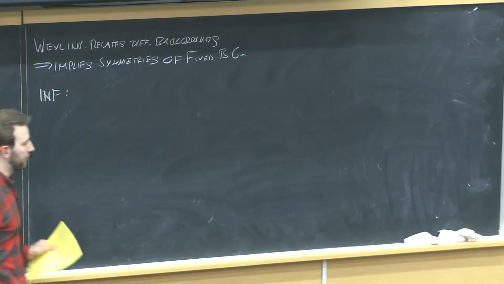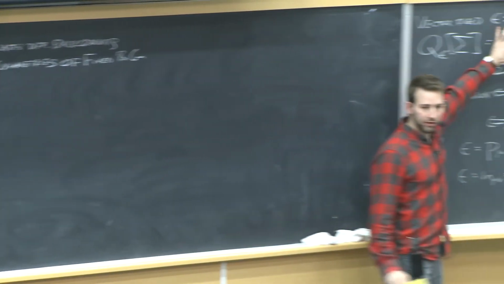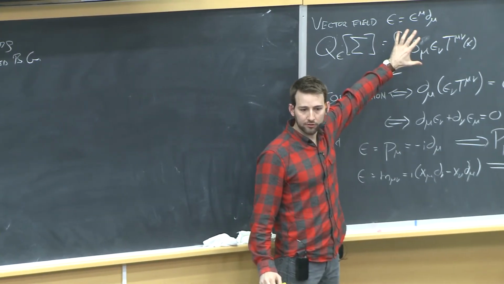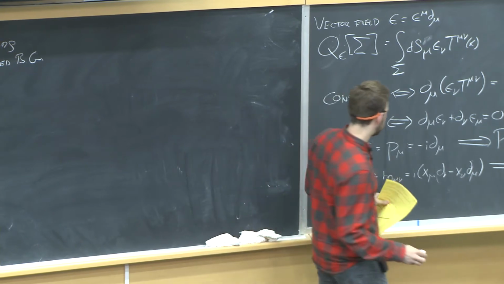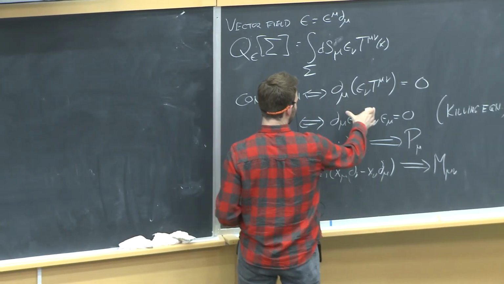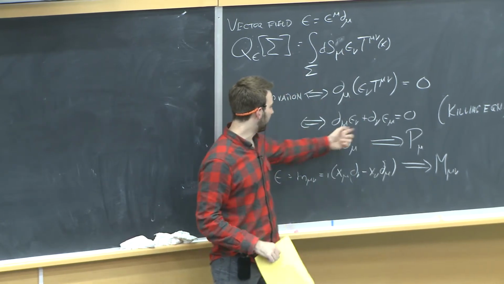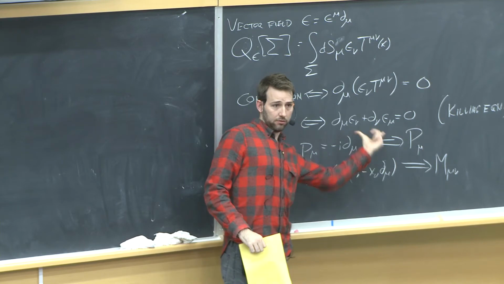So let's see, those were words. The infinitesimal version of this can again be thought of in terms of this idea of constructing charges using the stress tensor. I had this equation before, and I should have said that without knowing more, I need an if and only if. I need this equation to be true.